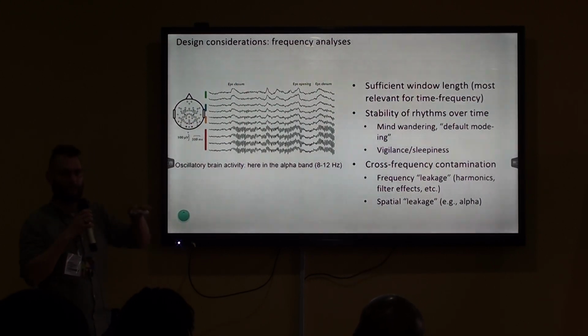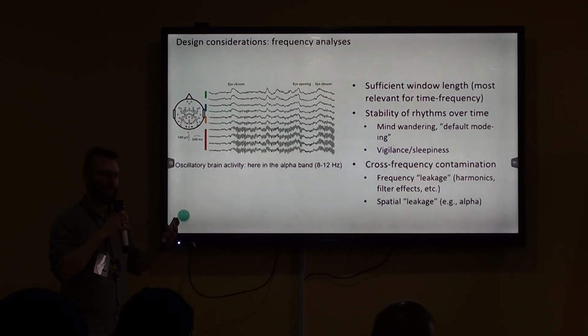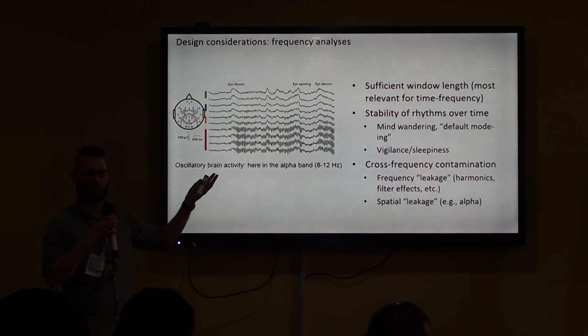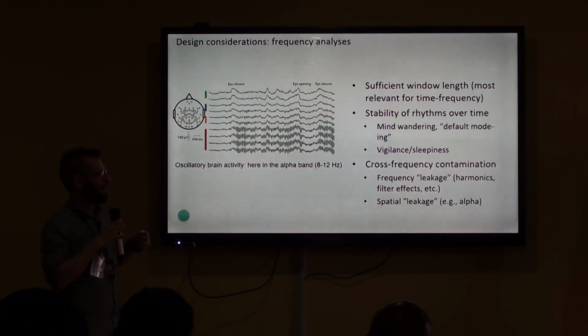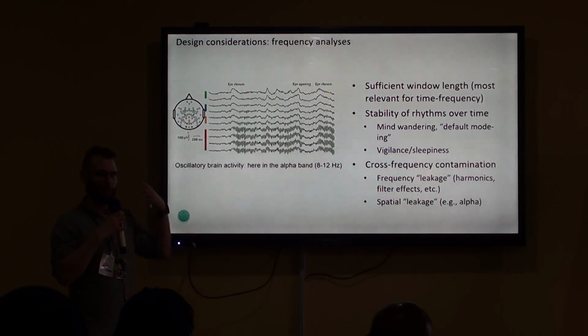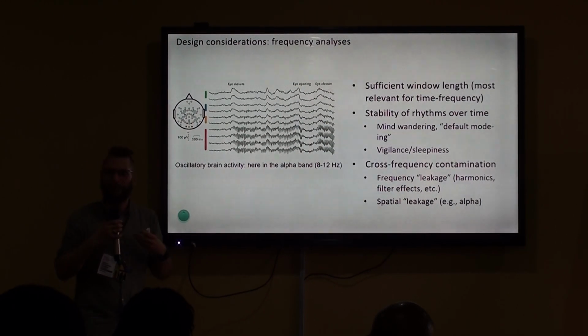How the participants actually do the resting state can matter a lot. Some people might engage in mind wandering, thinking about a lot of different things, and that would change how their brain operates while they are in this resting state.